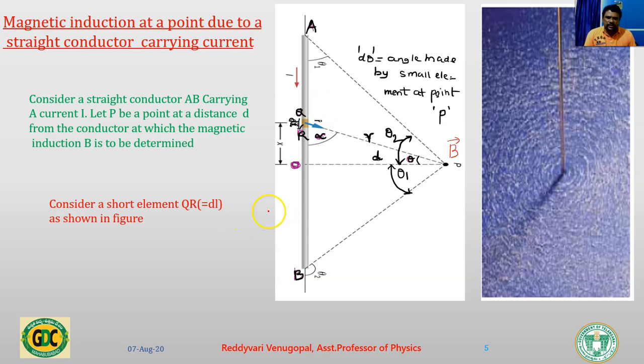For this, we are considering a small element of that particular conductor, which is QR and of length dl bar.